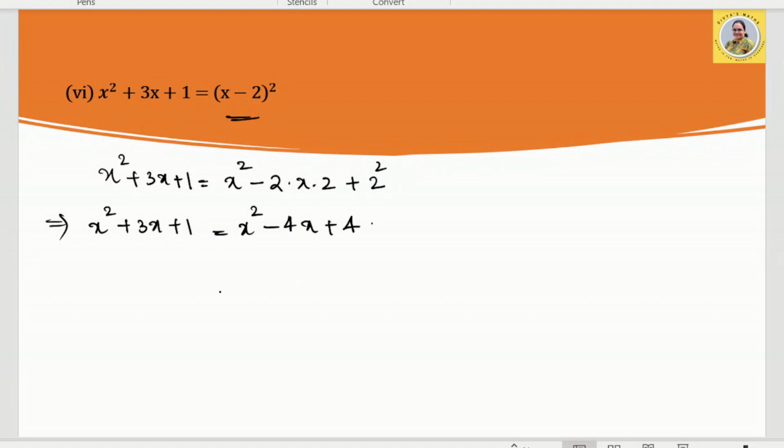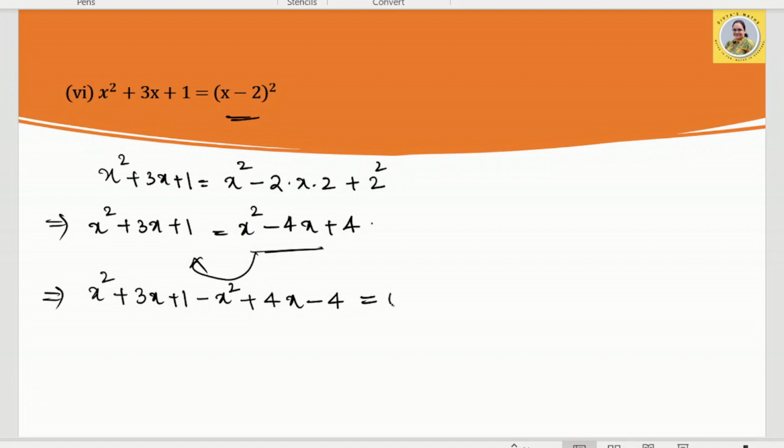Now let us get all the terms to LHS. Let us write LHS terms as it is, x square plus 3x plus 1. So in the RHS, x square term, when you are taking it to LHS, it becomes minus x square, and minus 4x will become plus 4x, plus 4 will become minus 4, is equals to, in the RHS you will have 0.